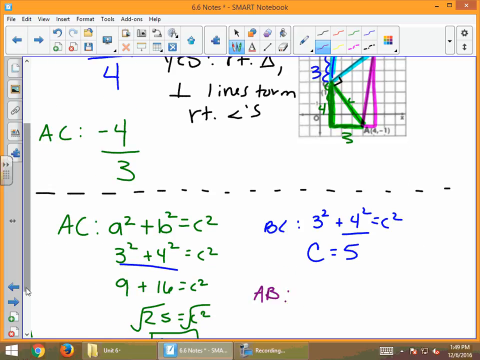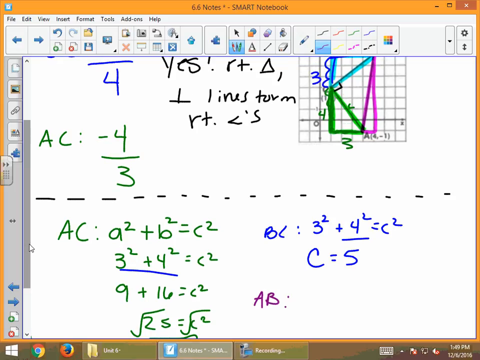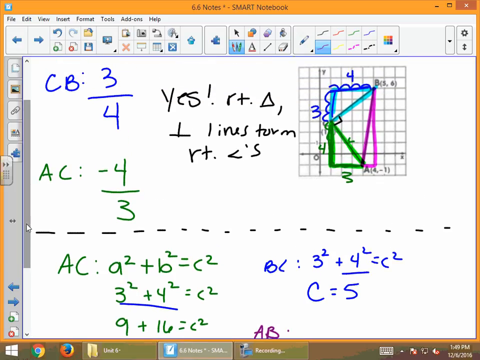You know how it's 4, 3, 5? And they're both 4, 3, 5. We don't know that this is 5. Can we just do 5 squared plus 5 squared equals C squared? You can do that, we get the same answer. So just for practice.